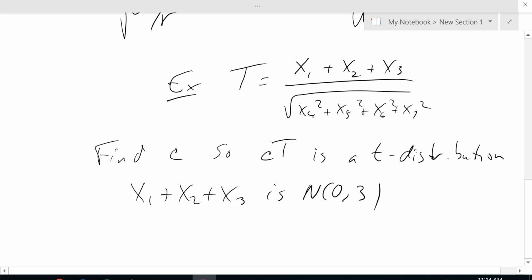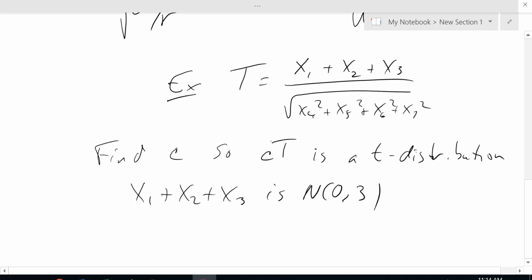All right, so x1 plus x2 plus x3 is normal 0, 3, not normal 0, 1, right? So what would I need to multiply or divide the top by to make it normal 0, 1? Probably something involving the 3. Is it just straight up 3?